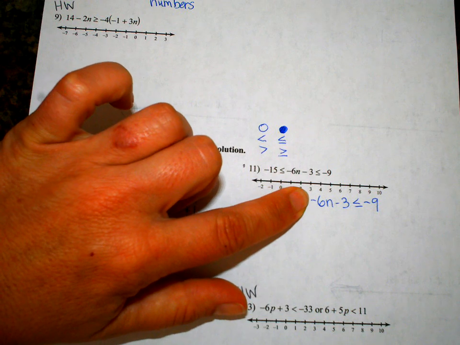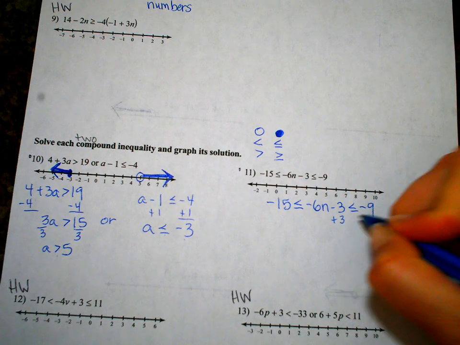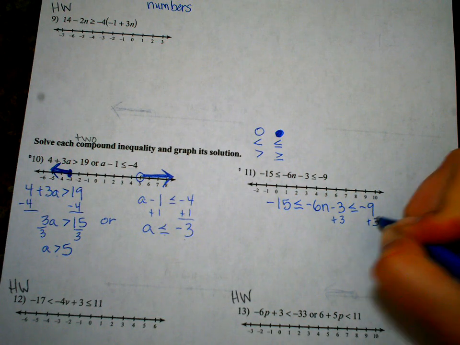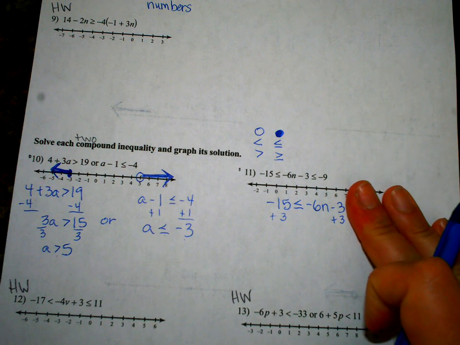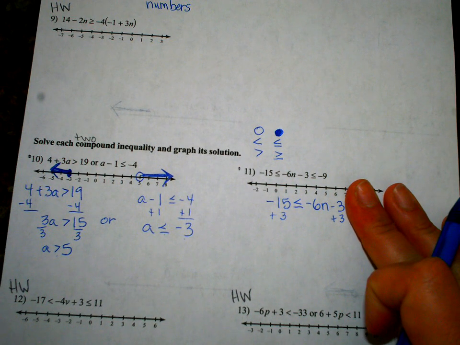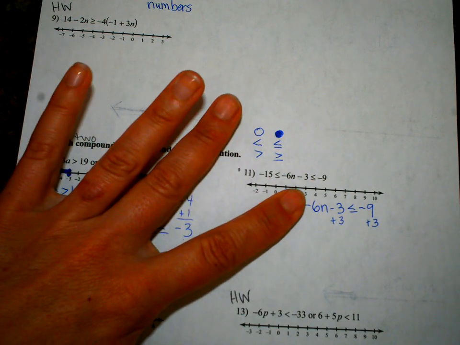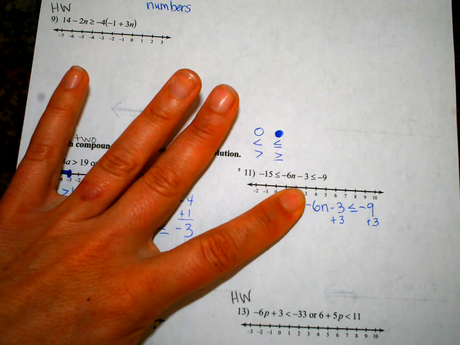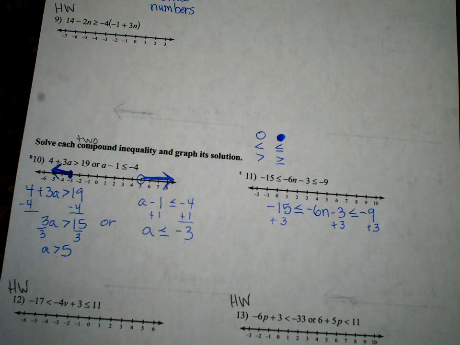So I'm going to add 3 to the right-hand side, this 9, and I'm going to add 3 over here. Because look, didn't you say that I would add 3 on this side if I were trying to solve? And then, didn't we say I would add 3 if I was trying to solve here? That's why I do it on the left, the middle, and on the right.